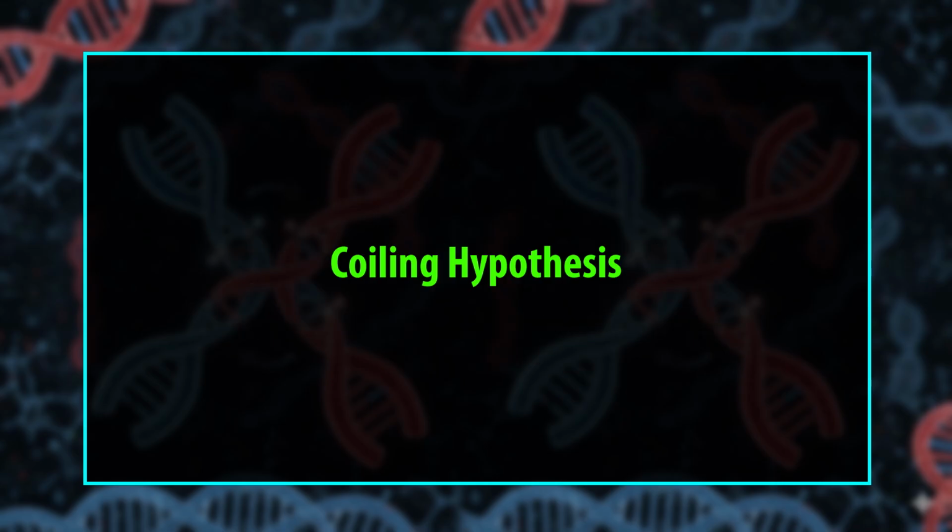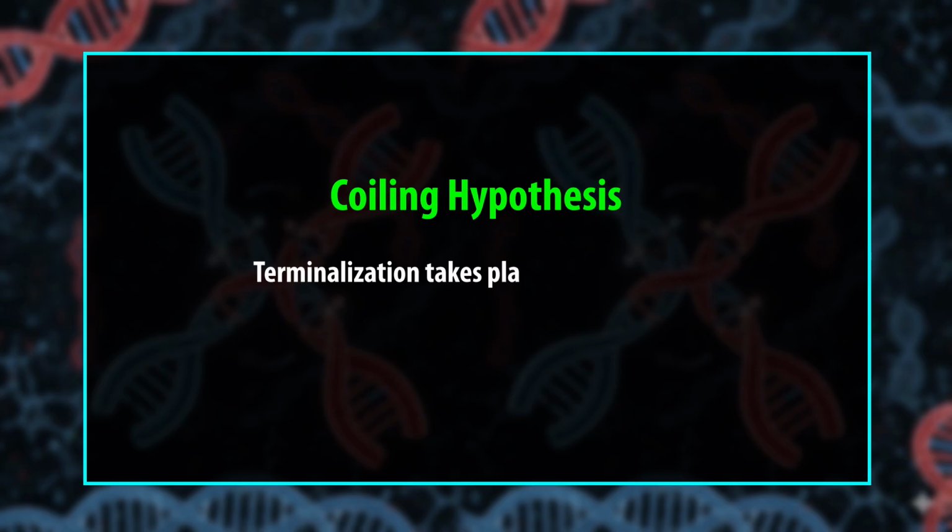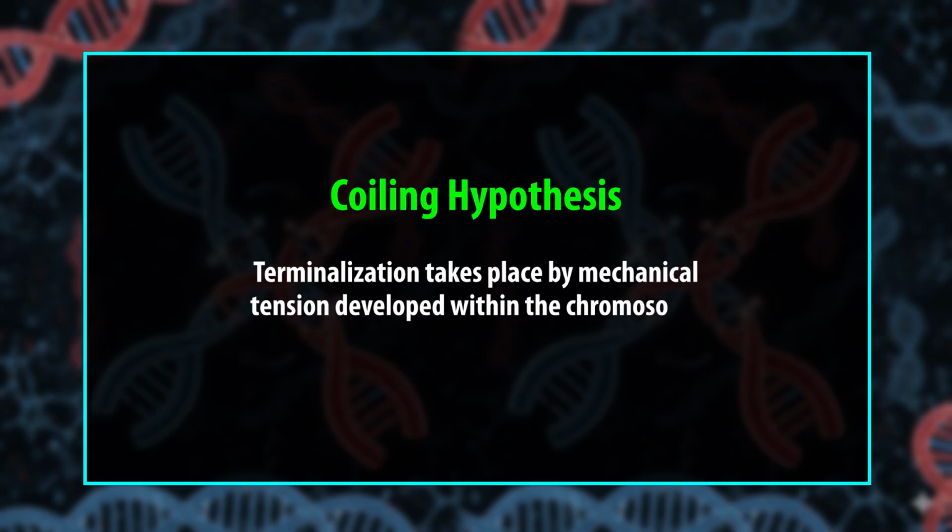Coiling hypothesis. According to this hypothesis, terminalization takes place by mechanical tension developed within the chromosomes due to coils. Thus, tension force becomes greater than the force binding the chromatids at the point of exchange, resulting in terminalization.